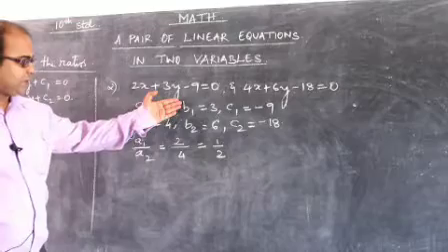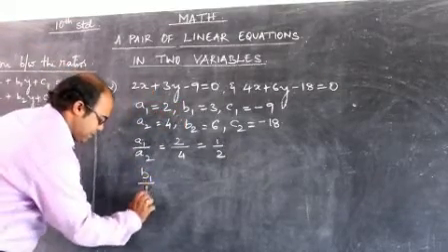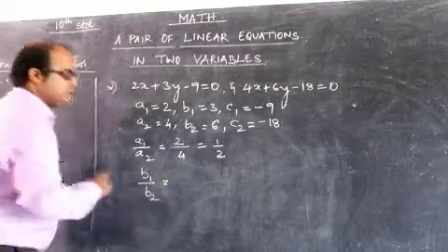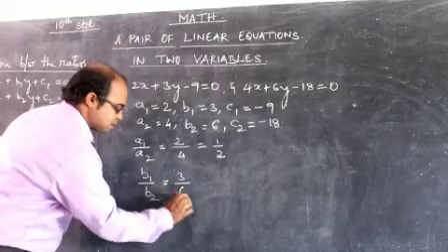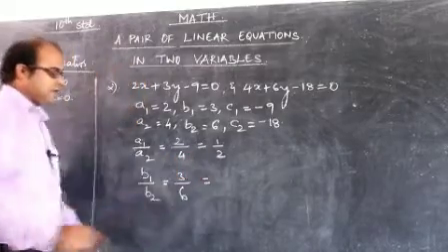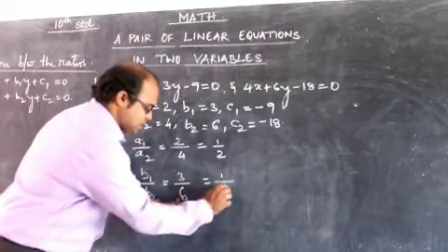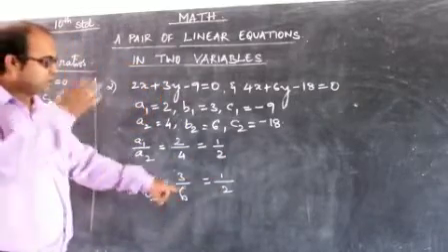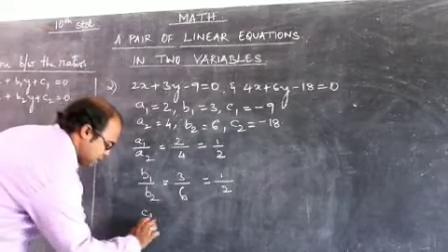Second ratio, B1 divided by B2, equals 3 divided by 6. If you calculate, 3 1s are 3, 3 2s are 6, so it is 1 by 2. We'll go to the third ratio, C1 divided by C2.